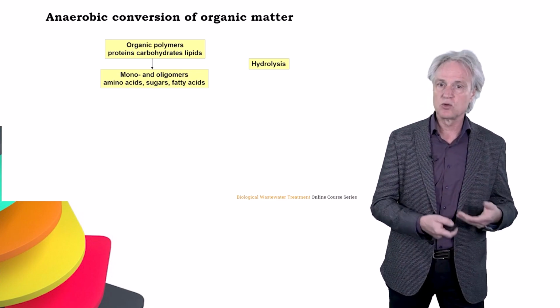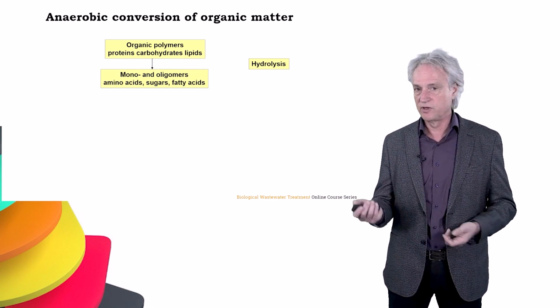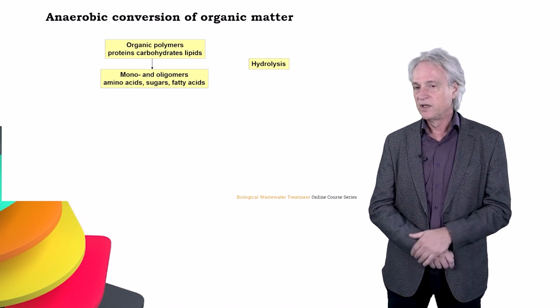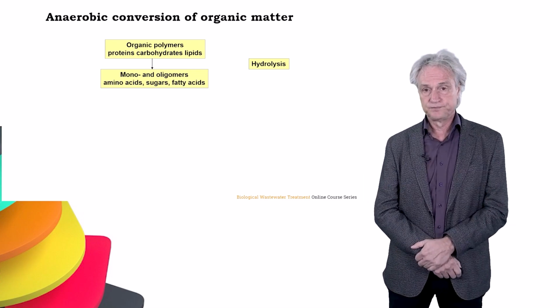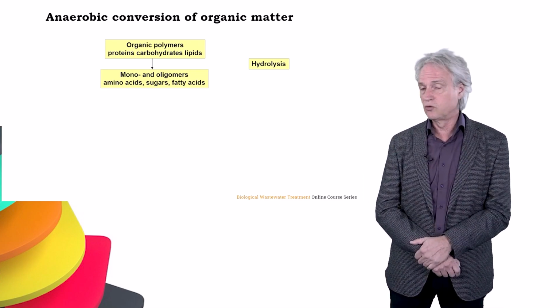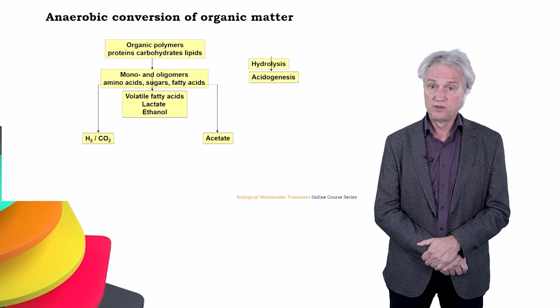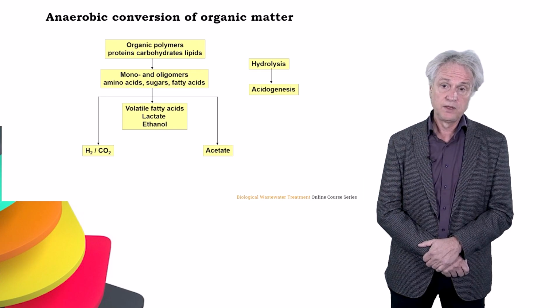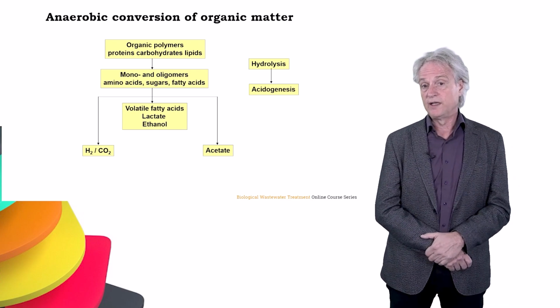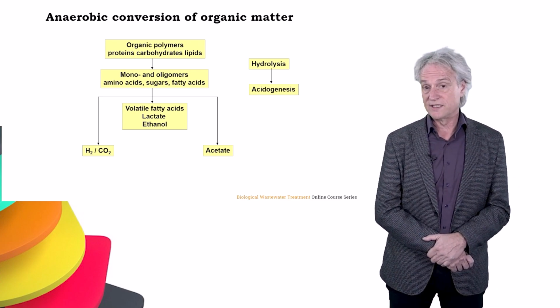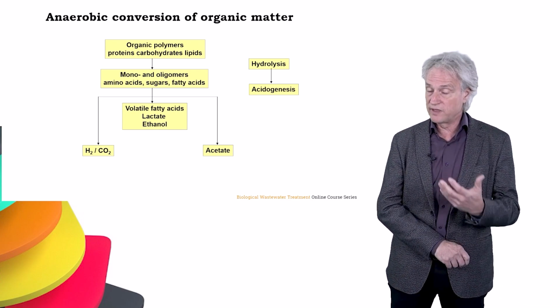And during hydrolysis, organic polymers, proteins, carbohydrates, lipids, they are in fact hydrolyzed into monomers and oligomers. Think about the amino acids, sugars and fatty acids as end products of hydrolysis. Now these end products are then subsequently used in the next step, which is called acidogenesis, which is a fermentation step.